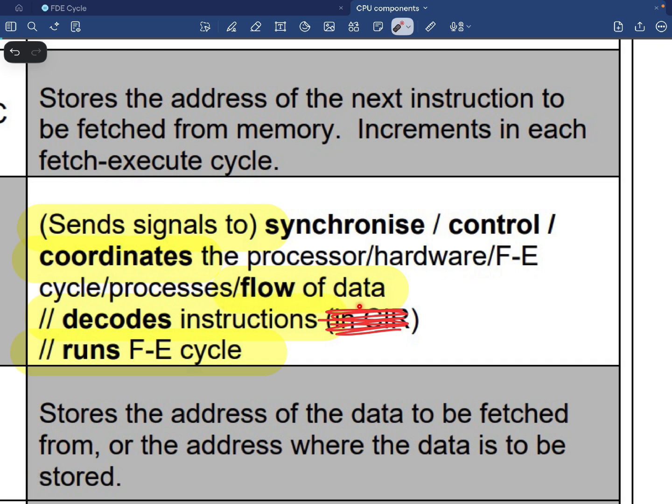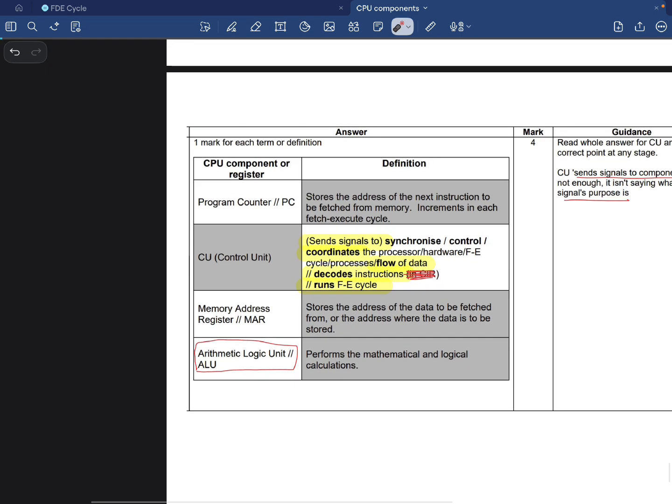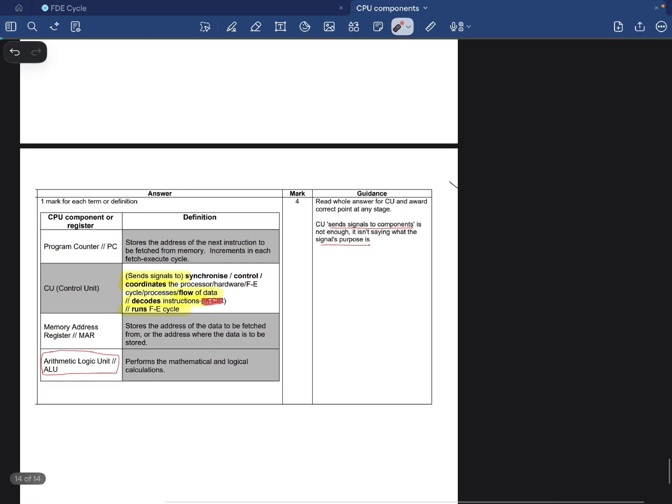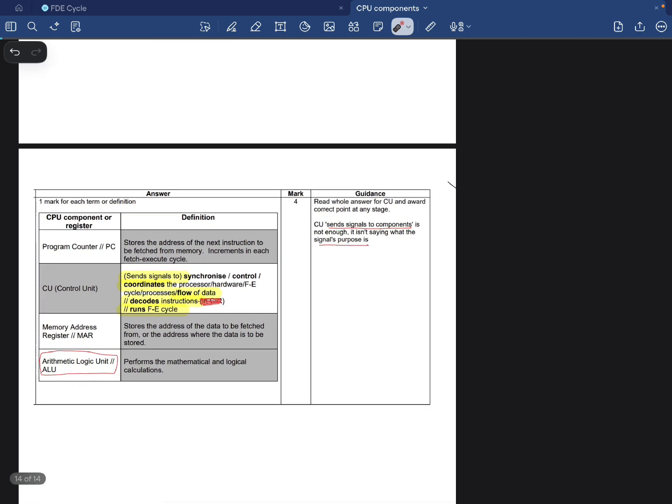Why does the control unit send signals to different parts of the CPU? It is because it has to coordinate the flow of data. I hope you guys understood what the different components of the CPU do.